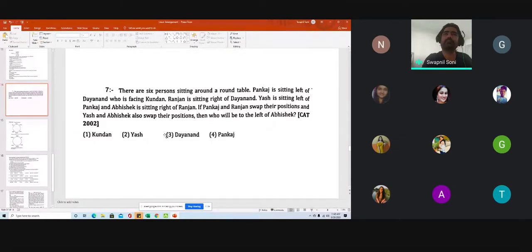Now this is some other type of arrangement. So we saw the tabular format, we saw the row format. Now this is a circular format. Just read that question quickly.